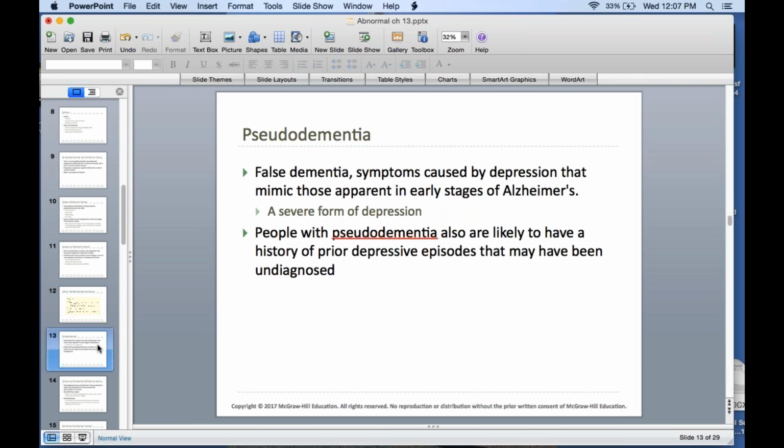Okay. Now, we also have something called pseudodementia. Pseudodementia is a false dementia, right? Pseudo, false dementia. Symptoms are usually caused by depression. They look like Alzheimer's, they look like a dementia, but you'll also notice that the person is having severe symptoms of depression.